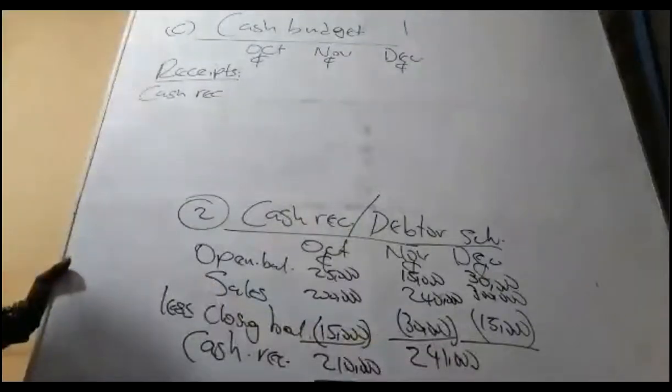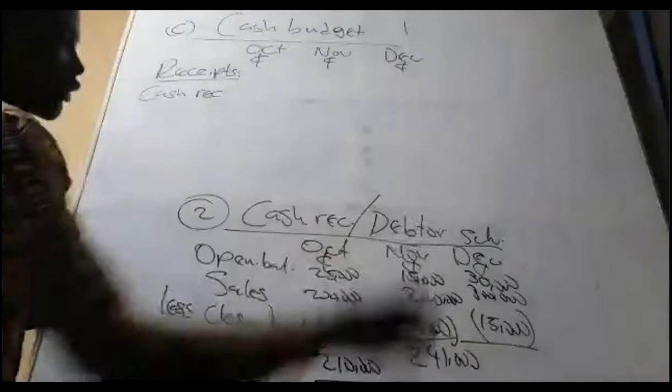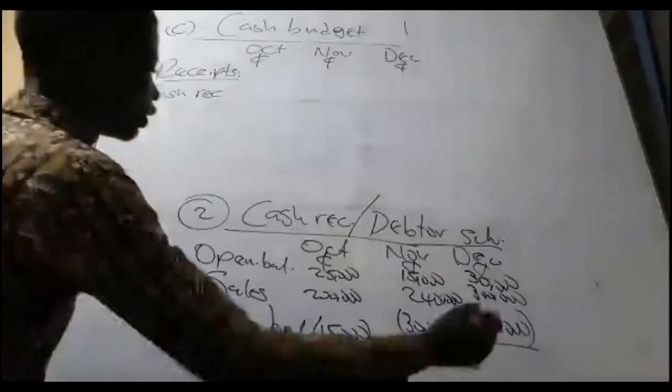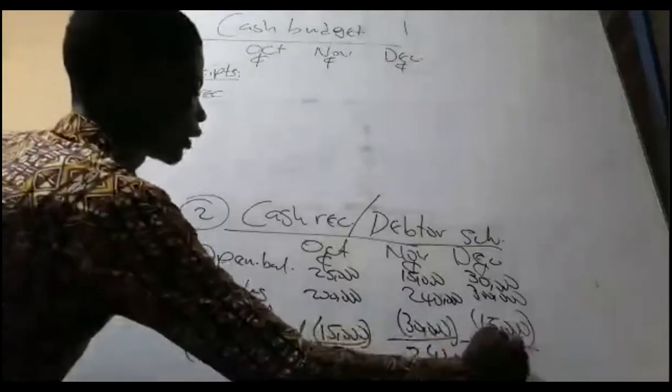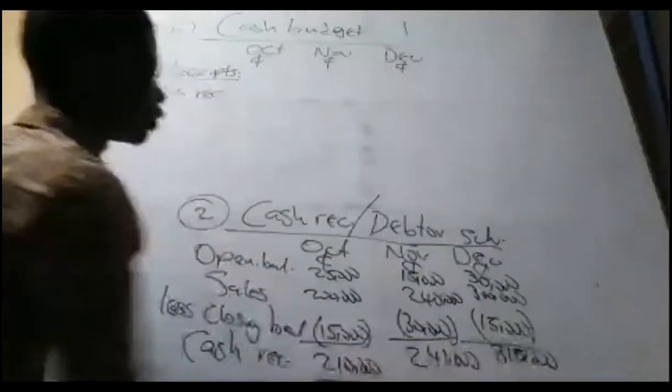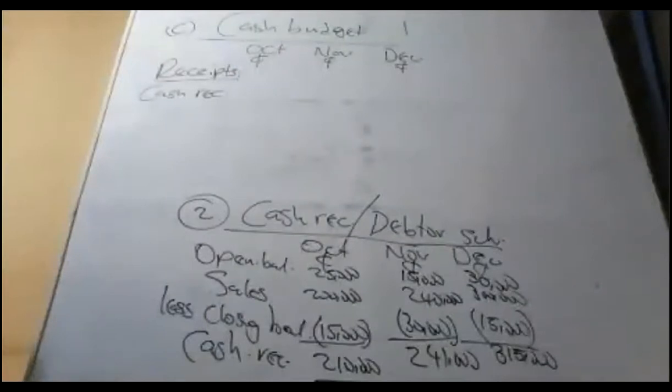Agreed. Then finally, 330 less 15 will give me something like 315,000. Good. This one is 250.